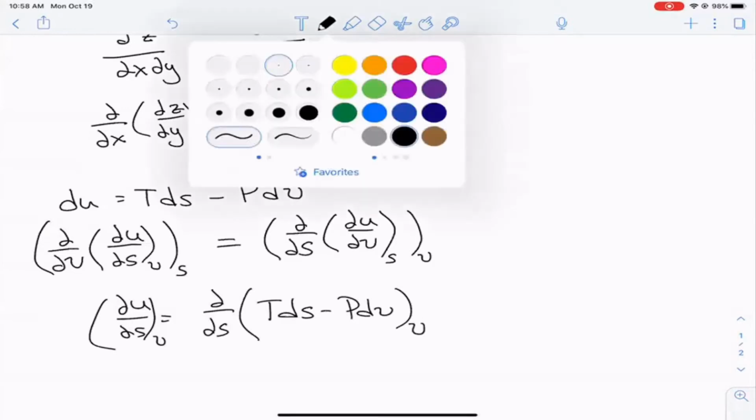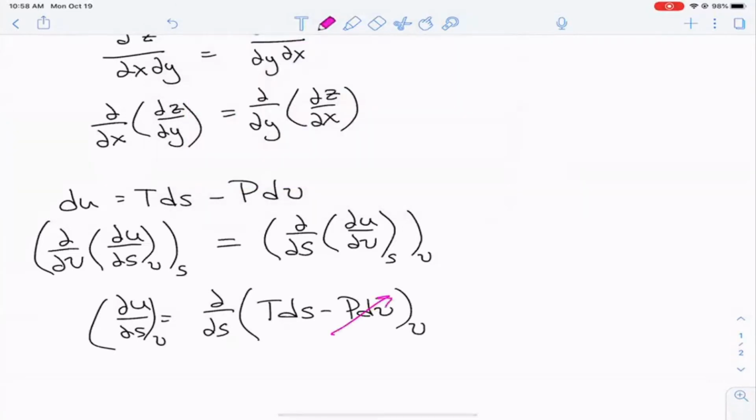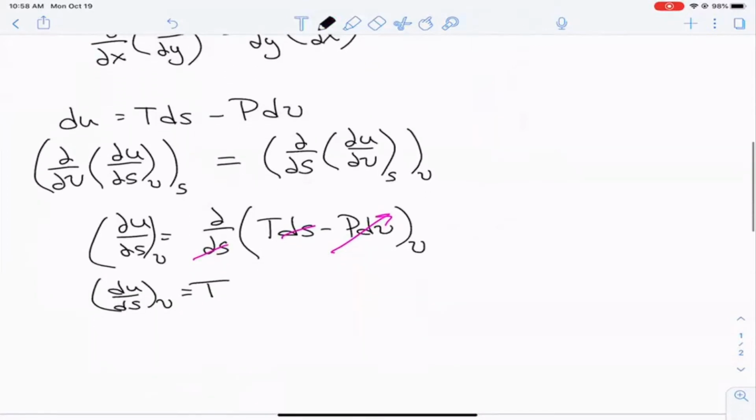Of course at constant volume, that term goes away, and dS over dS is just equal to 1. So dU dS at constant V just equals the temperature. That means the left side of this equation simply becomes dT dV at constant entropy. Okay. And before I do the next one, is this okay? Does this make sense to everybody?